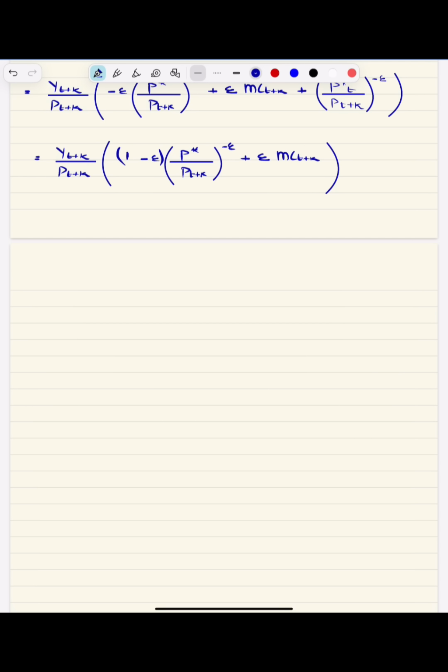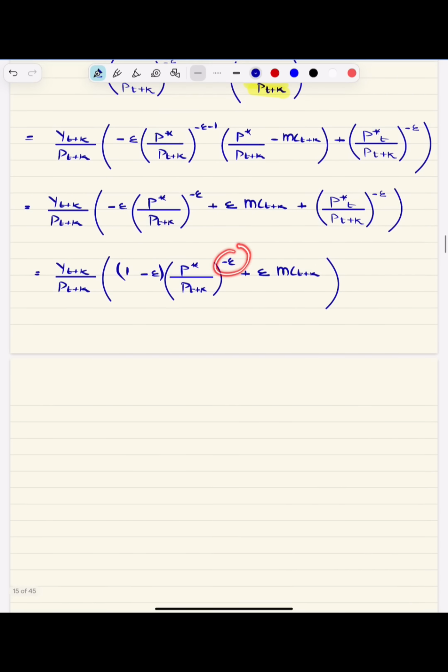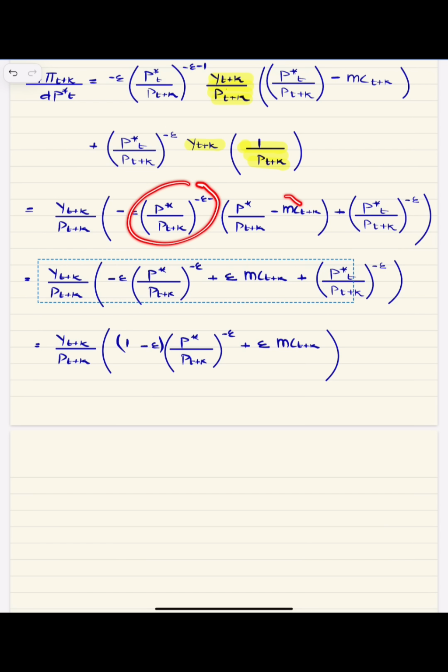So, should I take this inside or not? Maybe I should remove this from here. What will I have to multiply over there then? Oh, I forgot to multiply this expression with e. Oops, my bad.